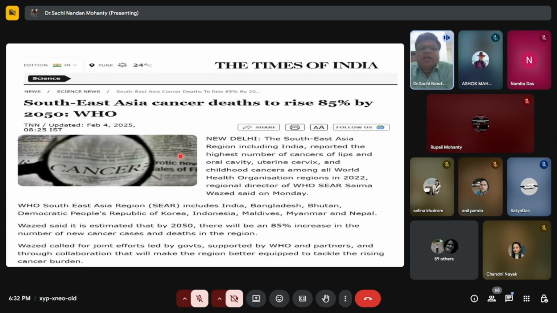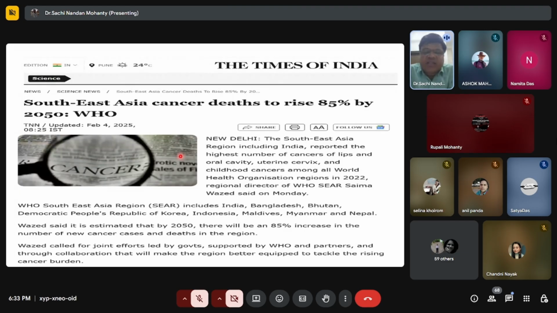After a few days, we find that cancer deaths in South and East Asia will rise 85% by 2050. The WHO, World Health Organization, identified this on February 4th, 2025. In Southeast Asia the death rise will increase 85% by 2050. This region includes India, Bangladesh, Bhutan, Republic of Korea, Indonesia, Maldives, Myanmar, and Nepal.